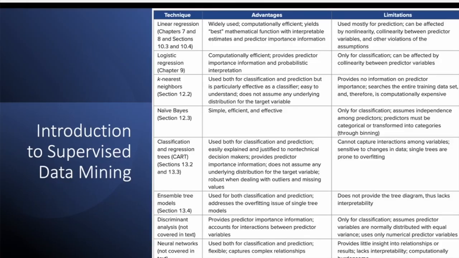Linear and quadratic discriminant analysis. These are another two nice data mining techniques that we can use, and they account for the interaction between the predictor variables, but they are only used for classification. And there are two assumptions that have to be made here: the predictor variables have to be normally distributed with equal variances, and it uses only numerical predictor variables.